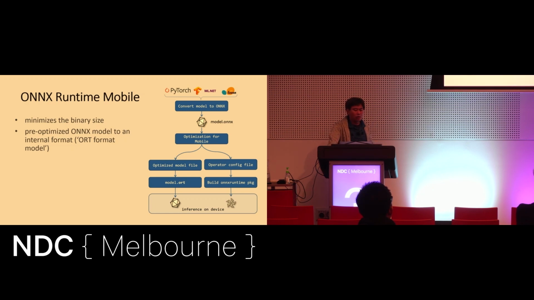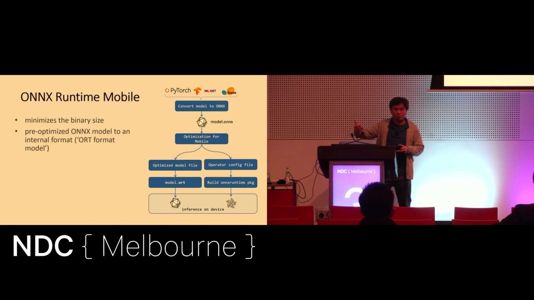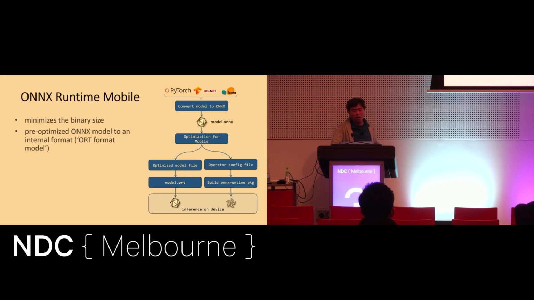It minimizes the binary size, because browsers have, of course, better memory as compared to the constraint on your phone. So that's the reason why it had to be optimized specifically for what you're trying to deploy it on.